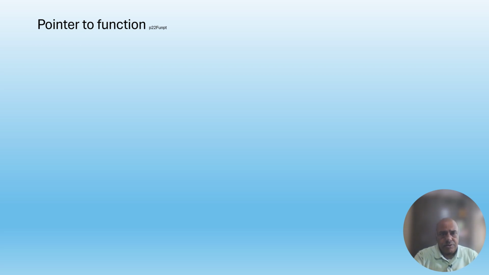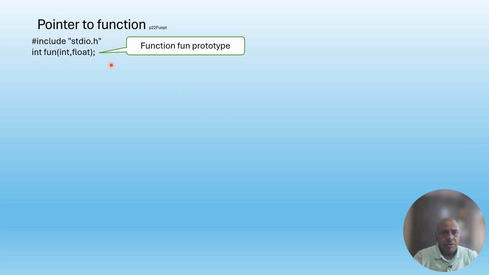Pointer to a function. We have declared a prototype, int fun(int, float). This is the prototype of the function. Then there is a main in which we have declared 3 variables, and then we are declaring a pointer to the function.